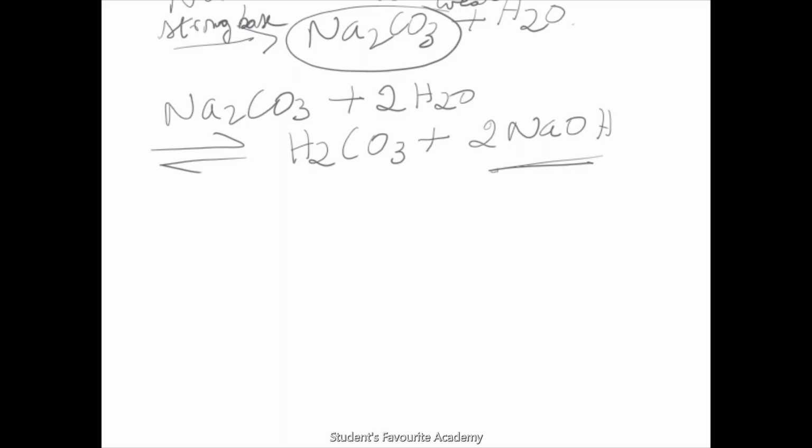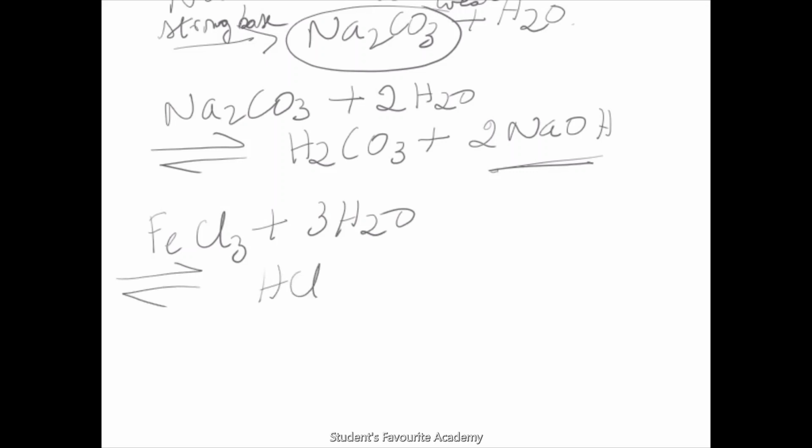So, when such a salt reacts with water, say ferric chloride plus water, which is again a reversible reaction, it forms a strong acid plus a weak base, that is ferric hydroxide. Such reactions are called hydrolysis reactions.